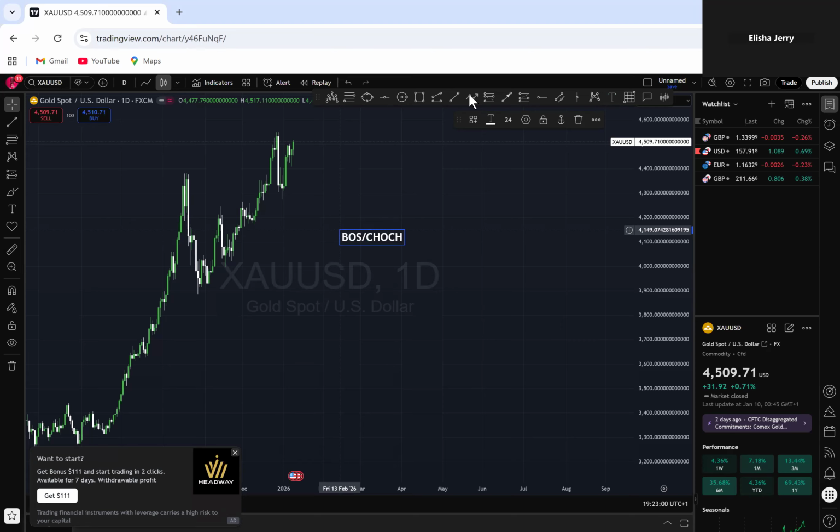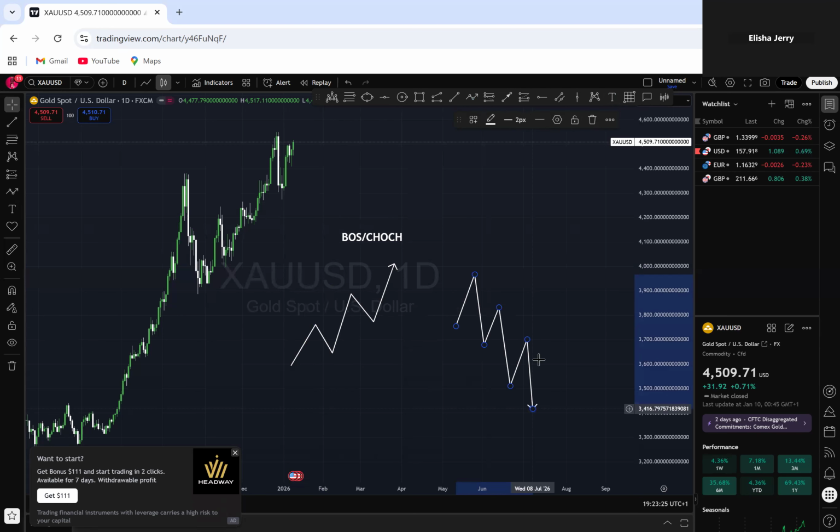Now, a break of structure, or a continuation, can either be an uptrend or a downtrend, right? Whilst a change of character would be a change of a trend, right?